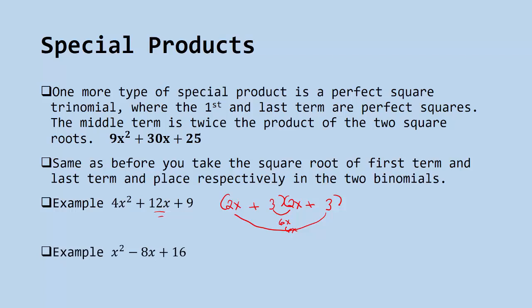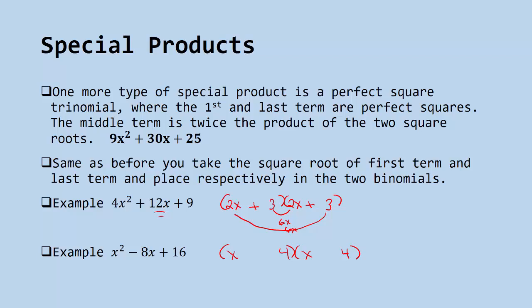Next example, x squared minus 8x plus 16. So, obviously the first one is x times x. The square root of the last term, 16, is 4. And if you were to take the number 4 and double it, you'd get 8. So again, I know it's a perfect square trinomial.